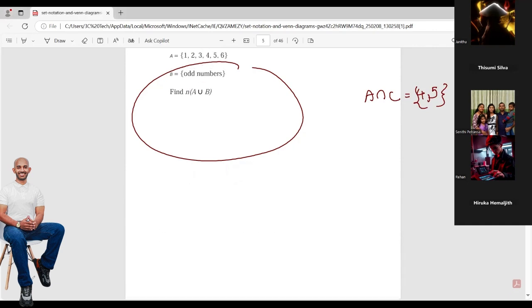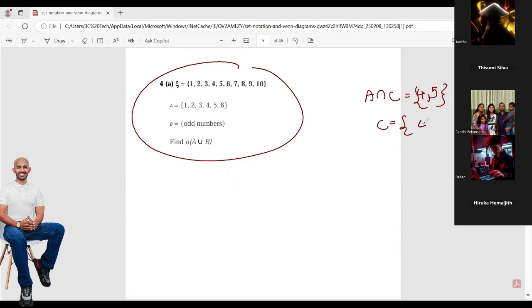We have to deduce the set, given the number of elements in C.